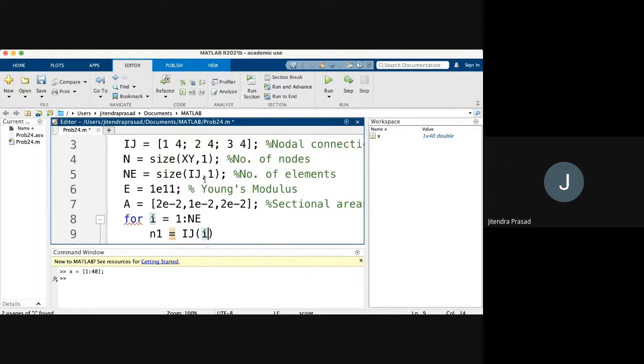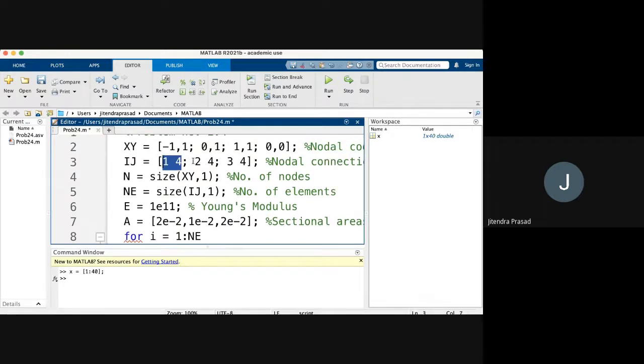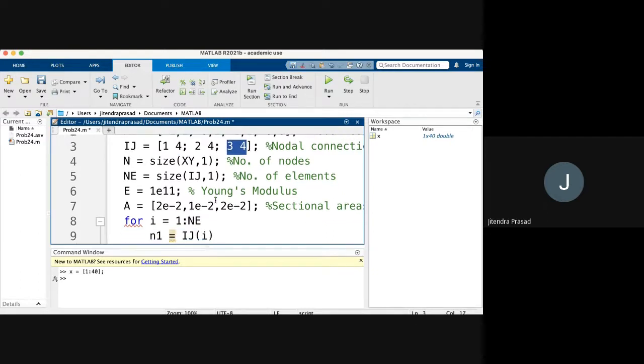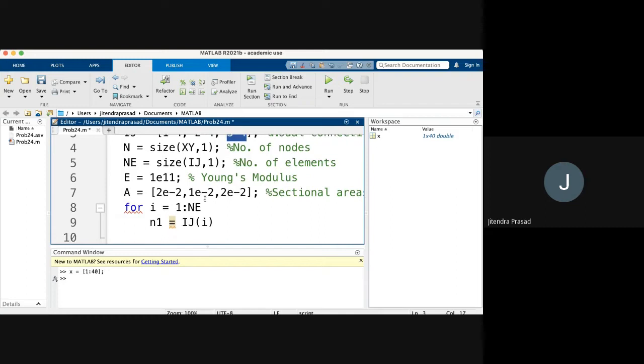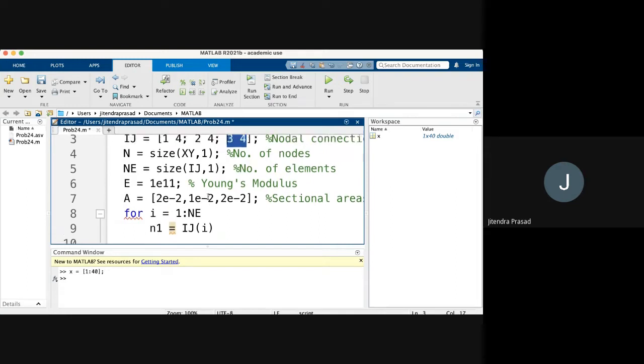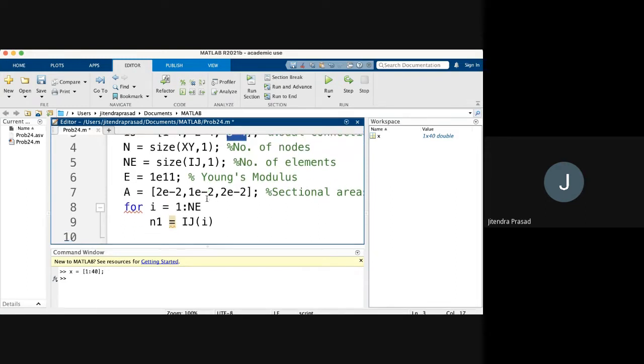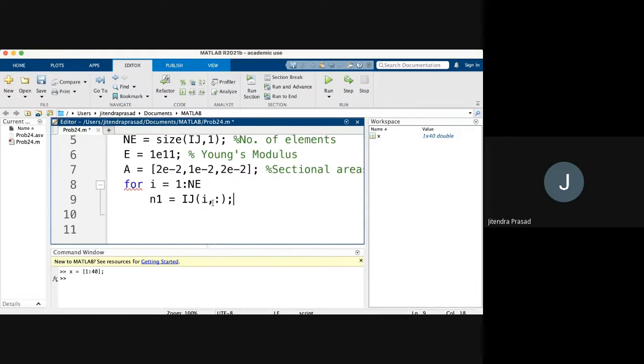This is for element number 1, 2 and 3, and we are interested in both the column values. We want to select the ith row, because the ith row means the ith element. So we want to choose both the columns of the ith row.